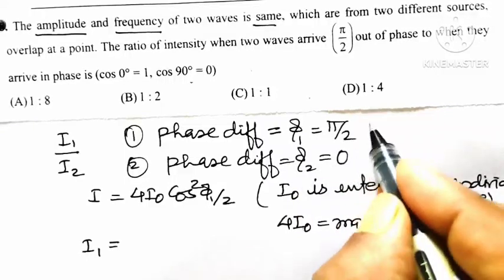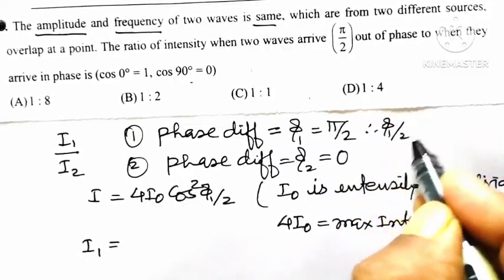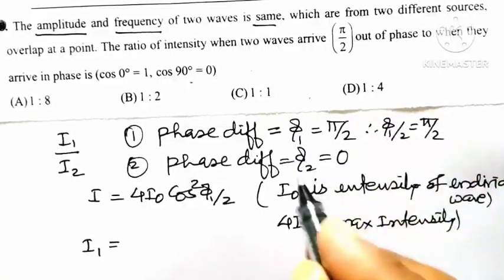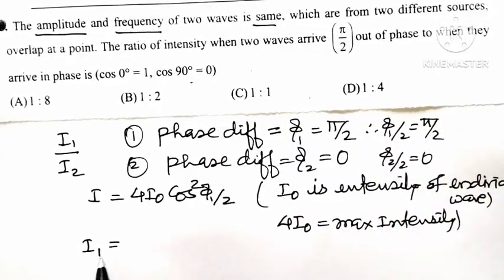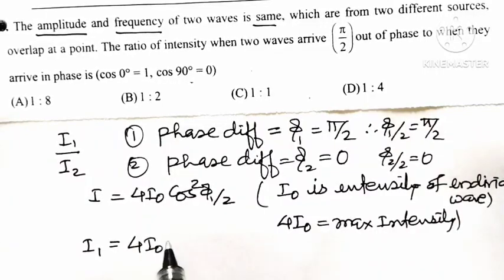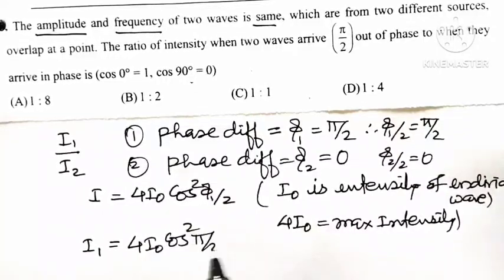So for the first case, phi 1 is given as pi by 2, it means phi 1 by 2 is equal to pi by 4. Phi 2 is 0, means phi 2 by 2 is 0. So I1 is equal to 4I0 into cos square of phi 1 by 2, that is cos square of pi by 4.